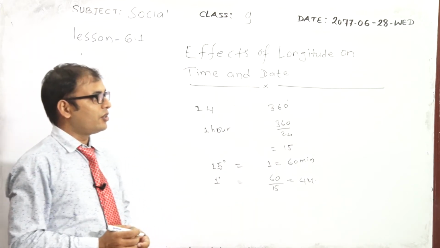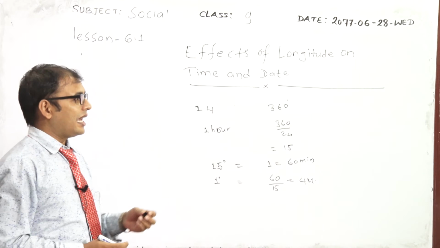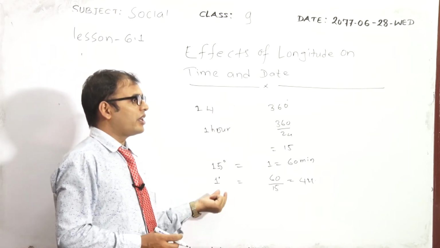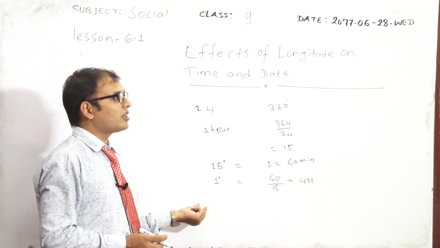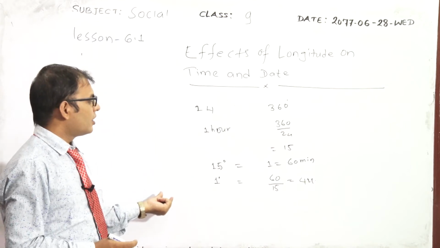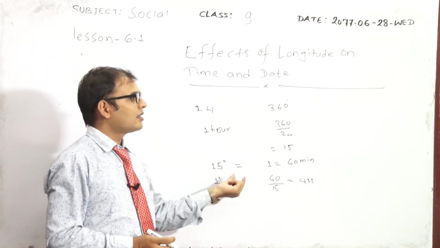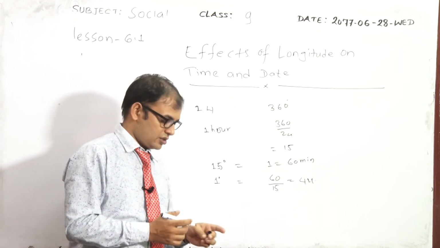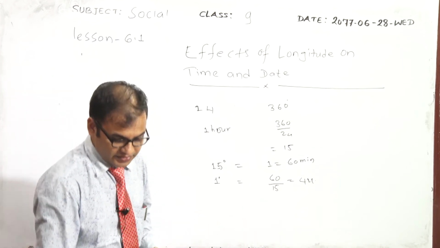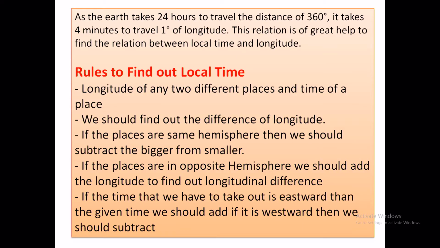About that you have to be clear, and this relation will help in finding out the relation between local time and the longitudes. So, now look at the slide. There I have brought some of the rules for finding out the local time.